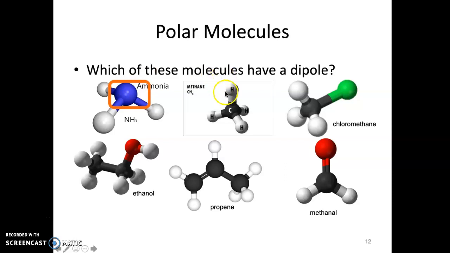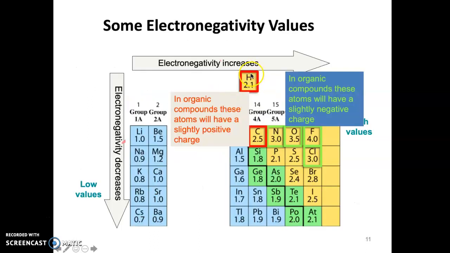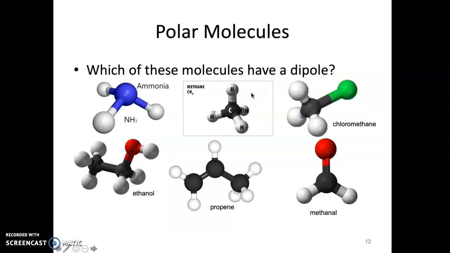Whereas methane right here, it only has carbon and hydrogen. They have pretty similar electronegativities. The electrons don't focus on one atom over the other, so methane doesn't have a dipole. Okay, so this one, no dipole. Chloromethane though, because of that really electronegative chlorine right there, dipole.